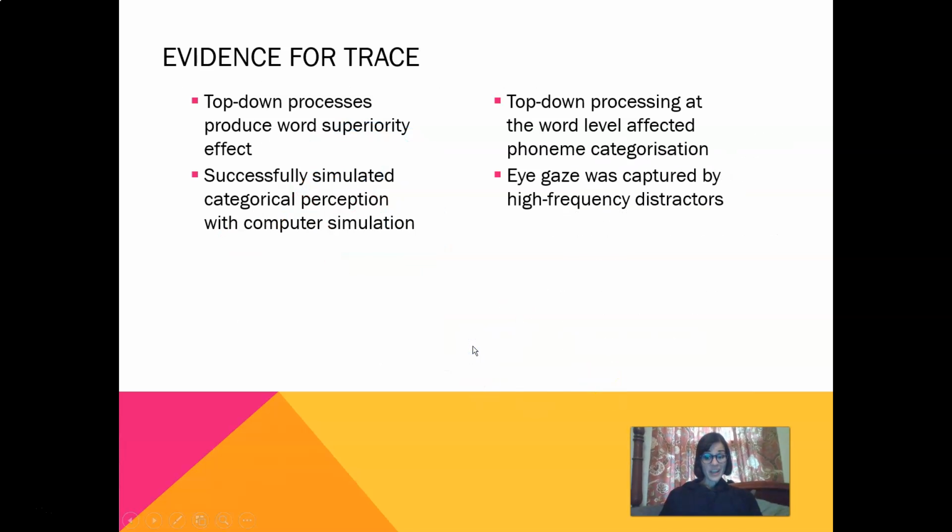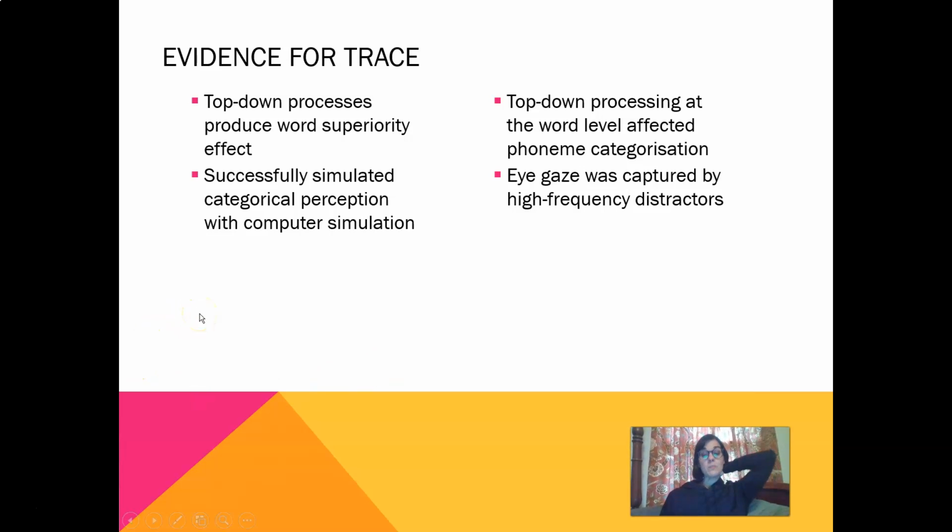So what evidence do we have for the TRACE model? We have something that is called a word superiority effect. This is basically the finding that it's a lot easier for us to identify a speech sound if it actually forms a word than if it doesn't form a word. So top-down processes can explain why items that form words are easier for us to identify.